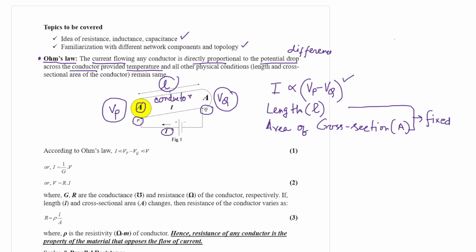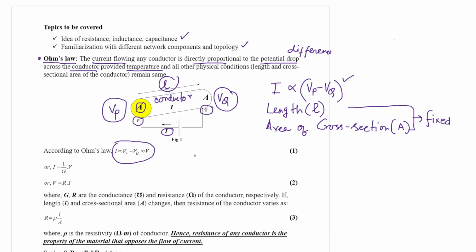So if length of the conductor and area of the cross section remain fixed, then current flowing through the conductor is directly proportional to the potential drop across the conductor. So this is Ohm's law, I proportional to Vp minus Vq.